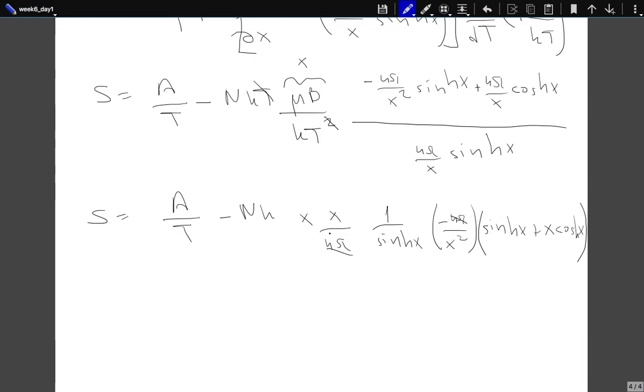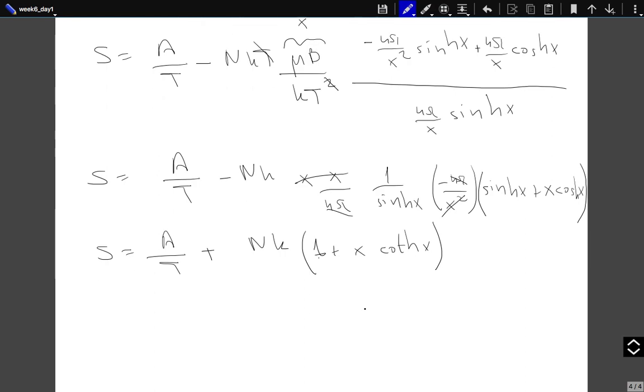So this 4 pi cancels this 4 pi, this x times x will cancel this x squared. So what we have is S is equal to A over T minus nk 1 over sine hyperbolic x times, well, this is a plus, well, let me also put this inside, I have 1 plus x cotangent hyperbolic x. So this is my entropy.